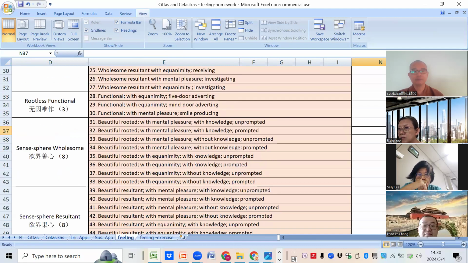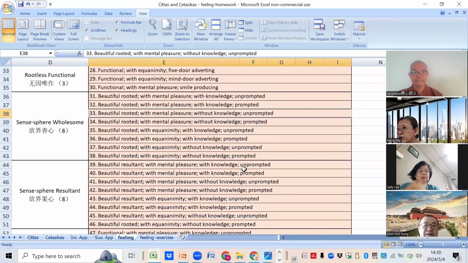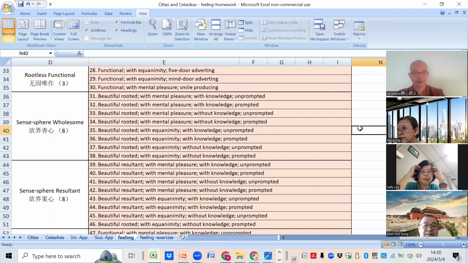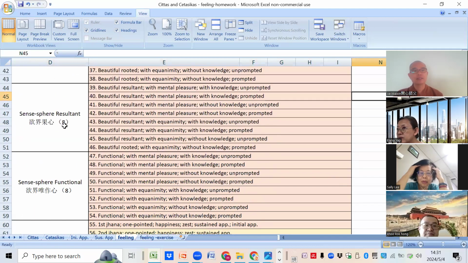Then how about the sense sphere wholesome? 35, 36, 37, 38. Then the sense sphere resultant: 43, 44, 45, 46.